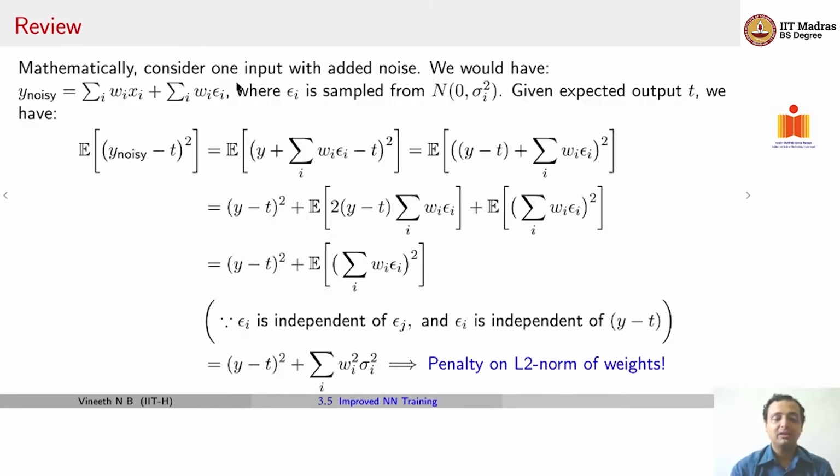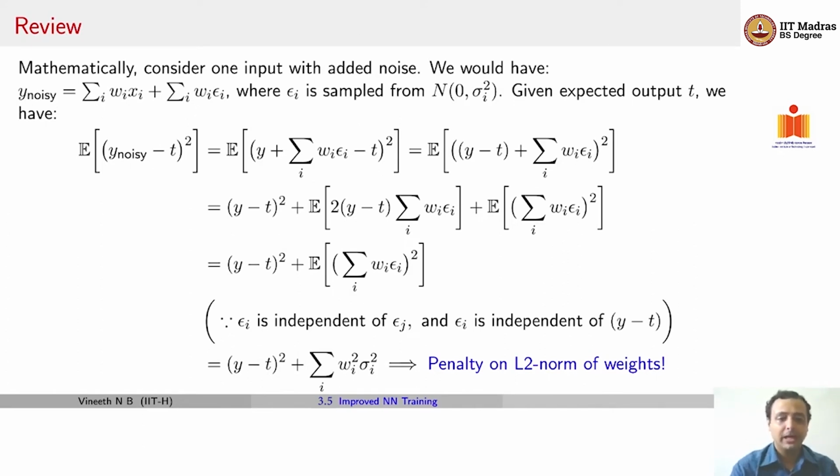Mathematically, if you consider one input with added noise, your output Y noisy would now be summation over i of Wi xi plus summation over i of Wi epsilon i.